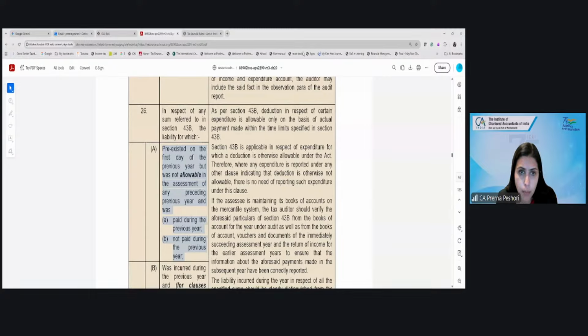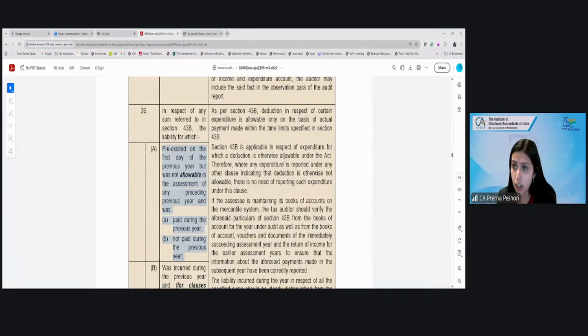Yes. Not paid as per the respective act? No, no, no, no. This is incorrect. So 43B allows the deduction of certain expenditure only on the payment basis. Like for example, interest on loans, your employer's contribution to provident fund, not the employee contribution, right?